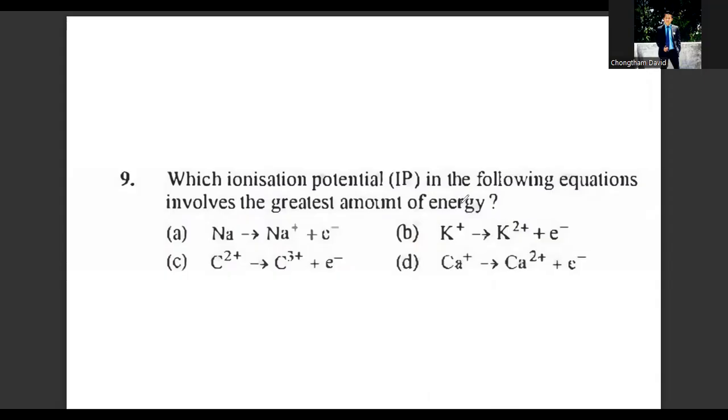So if you have to remove an electron from a noble gas configuration, it will be very tough. This is isoelectronic with argon. So removal of an electron from an 18-electron system is not that easy, right? So it will be very high in ionization potential. So option B, question number 9, is the answer.